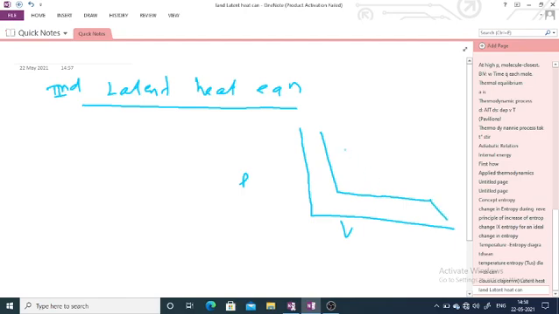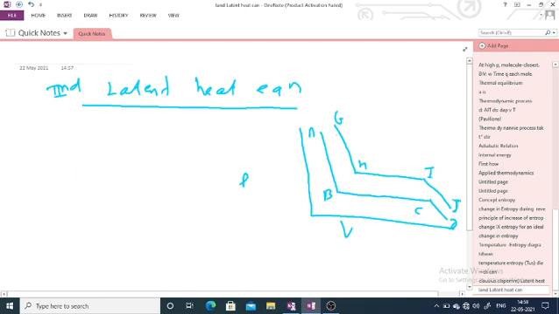So this is once again your isothermal curve A, B, C, D. Once again we consider another isothermal curve, GHIJ. Once again we should consider Andrews' experiment.